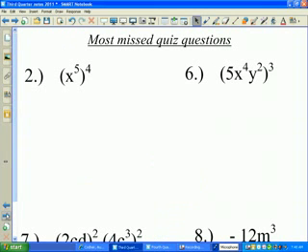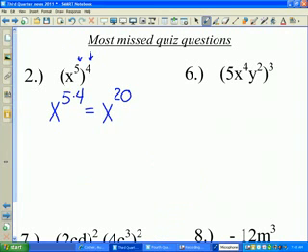So for number 2 from that quiz, I'm saying x to the 5th is being raised to the 4th power. Anytime I have an exponent being raised by an exponent, I'm actually multiplying my exponents.